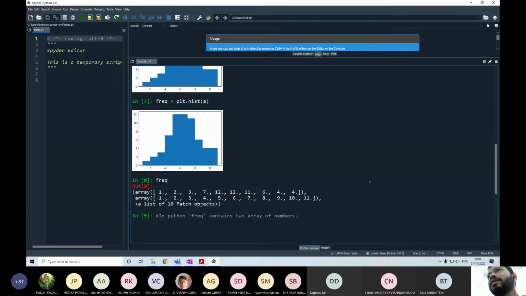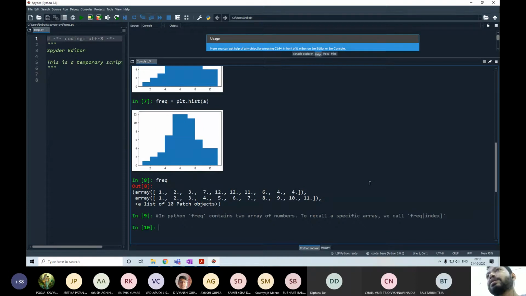And how do I recall these arrays? To recall a specific array, we call by this variable, which is frequency, and in the brackets you put the index.